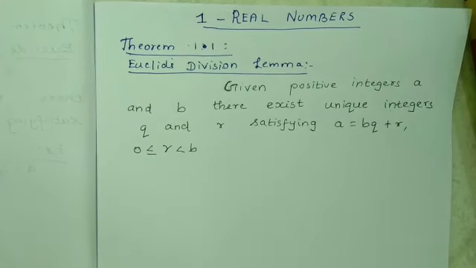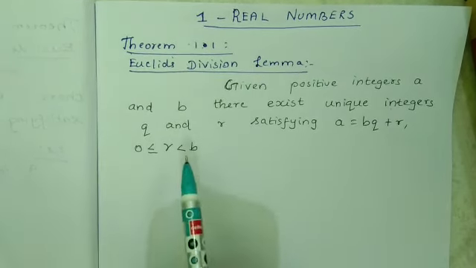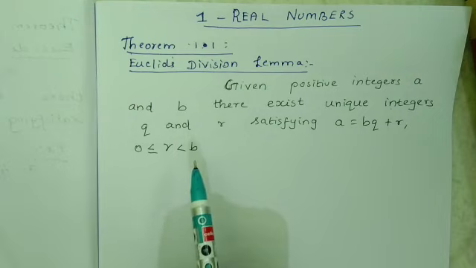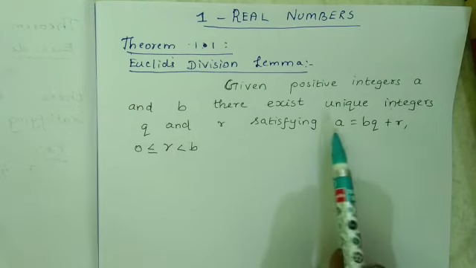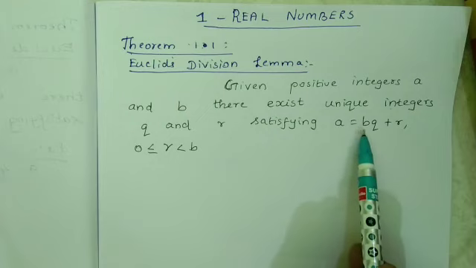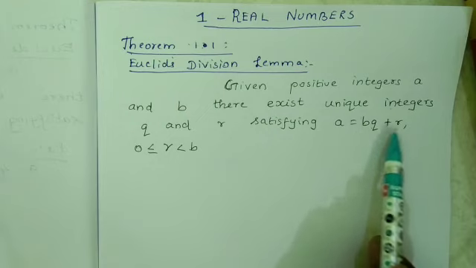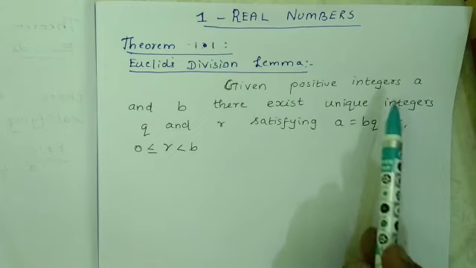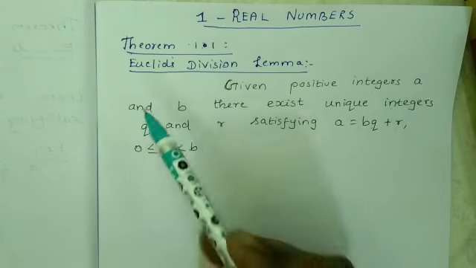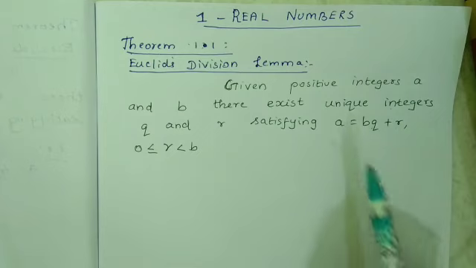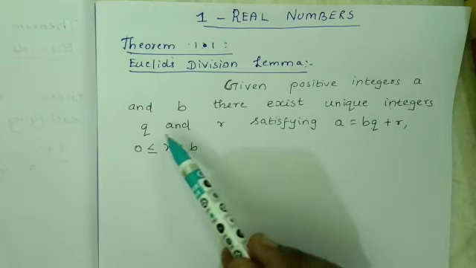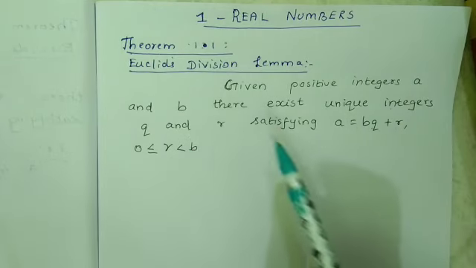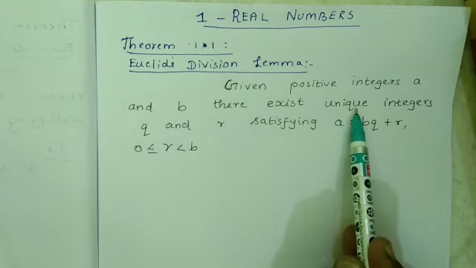Now in this statement we can see an equation. What is the equation? a equal to b into q plus r. This equation deals with 4 integers a, b, q, r, and here we have to note that q and r are both unique integers.